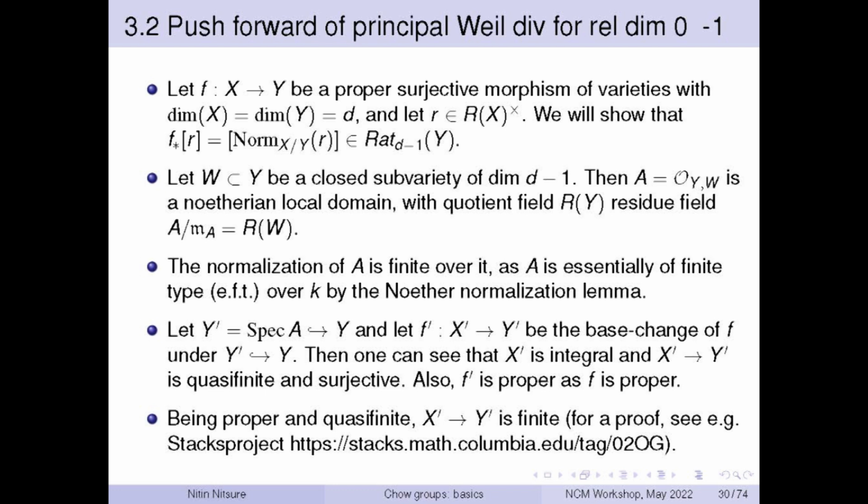And so a quasi-finite morphism should have not just finite fibers, but finite residue field extensions everywhere. So fibers are set theoretically finite and have finite residue field extensions, and therefore the base change to a point is a finite morphism, so to say.